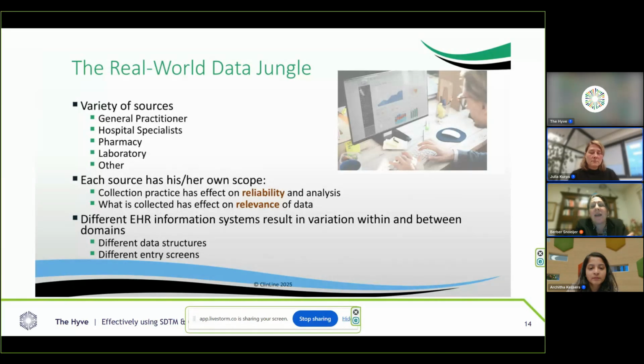You have different entry screens, etc. And all that has an effect on what the data actually means. How complete is it? What is really collected? And what is the interpretation of what is collected? So that is very important to keep in mind when you are selecting your data source.